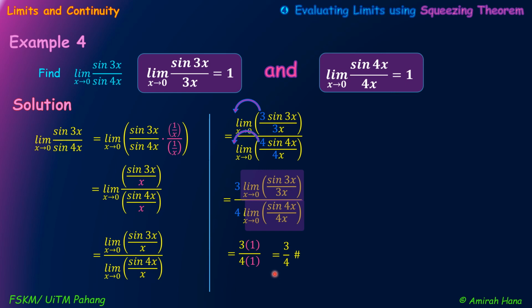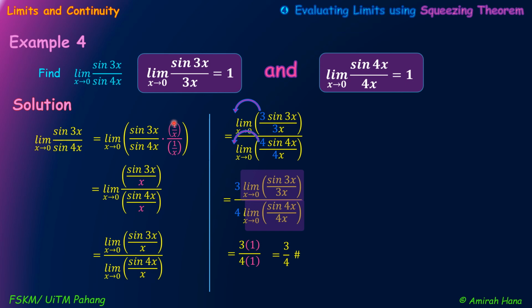The correct method is to adjust until we can use the squeezing theorem. You cannot simplify sine in the numerator and sine in the denominator and then cancel x here and x here. We cannot do that. Instead, we need to adjust until the denominator is free from trigo functions.